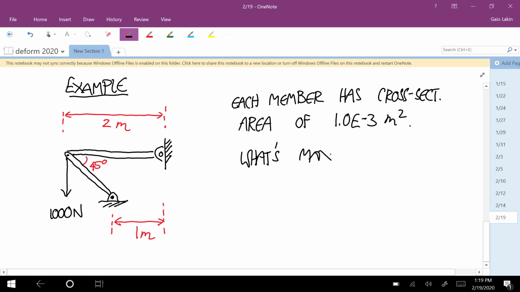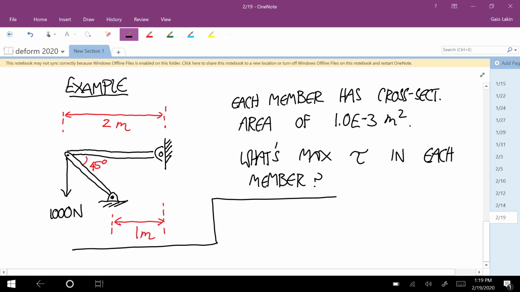What's the maximum shear stress in each member? Anyone have any questions about the problem setup?